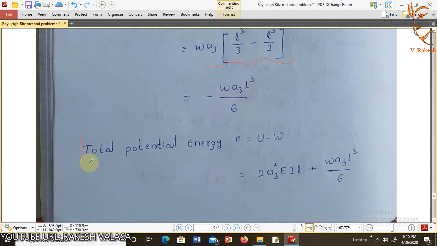We know the total potential energy formula: pi equals U minus W. Now substitute the above values in this equation. U is 2a3 square EIL, and W is W a3 L cube by 6.